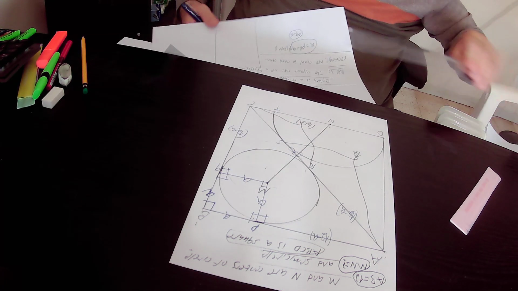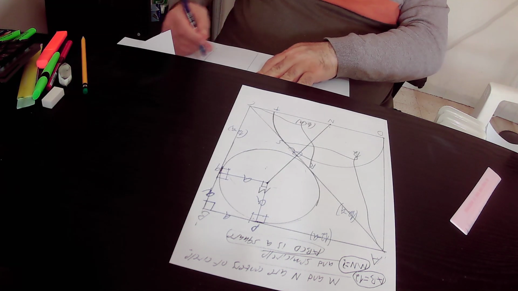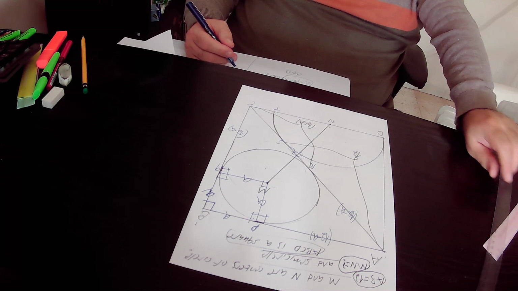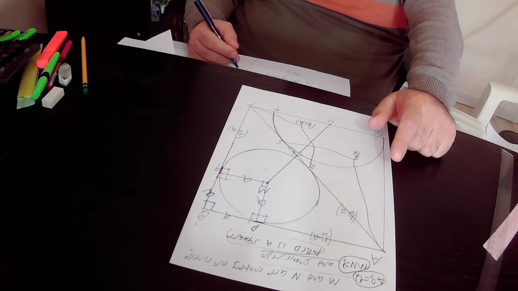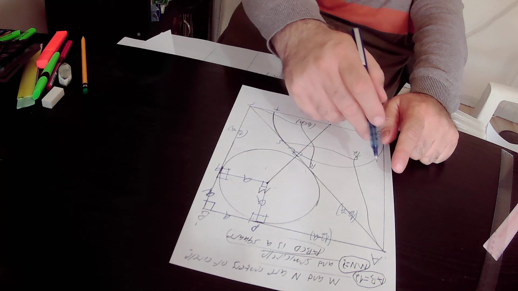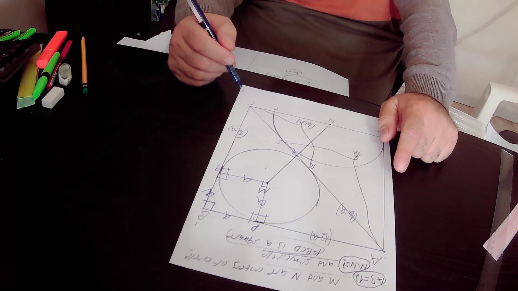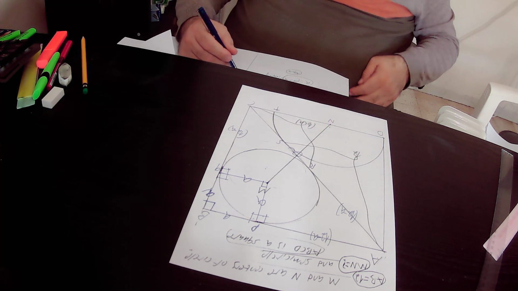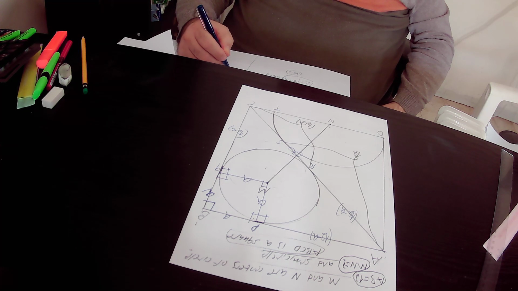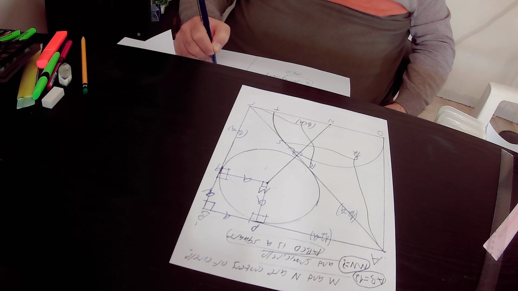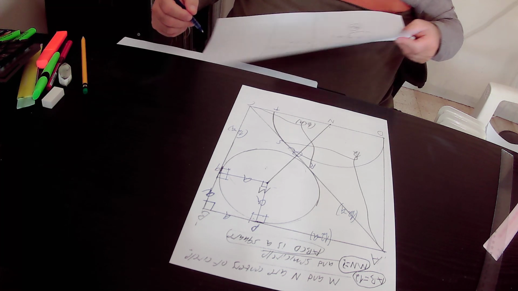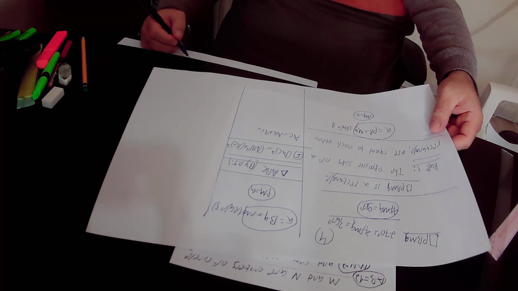What is the value of AC? From the drawing, it is very easy to see that the diagonal AC equals AR plus RC.